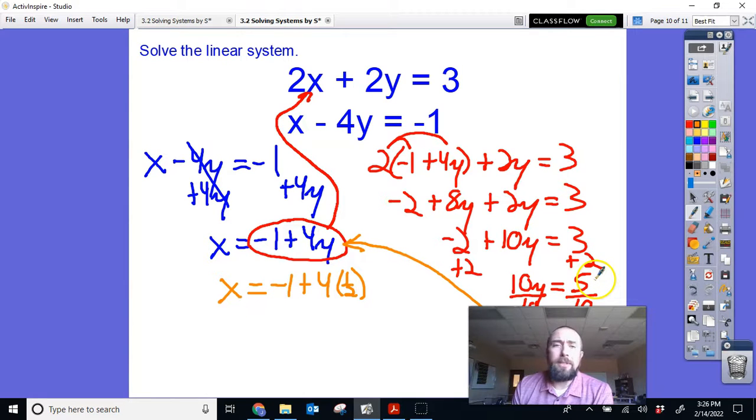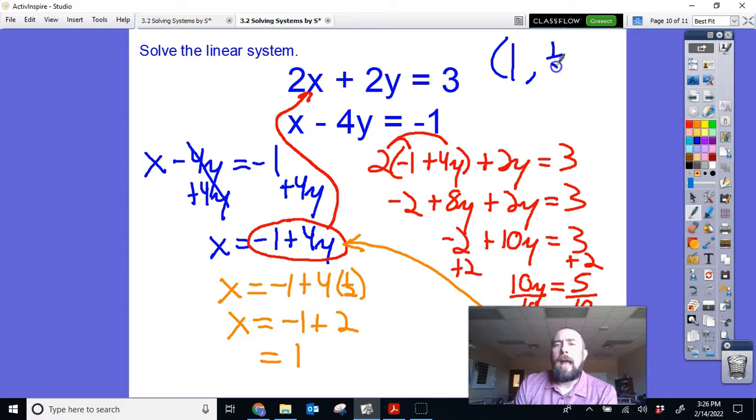Please use the fractions as long as possible. Don't try to round decimals too quickly. So if we do that, that's going to give me -1 plus 2 equals 1. So that means x is 1 and y is 1/2.